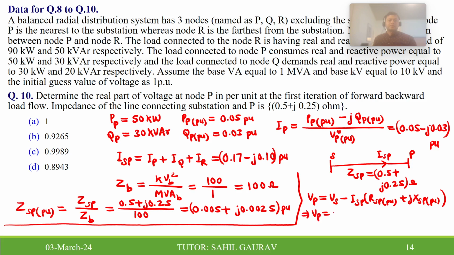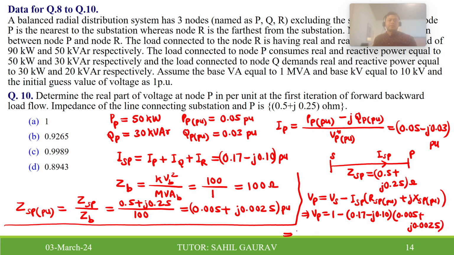So VP equal to 1 minus ISP, 0.17 minus J 0.10, times RSP, 0.005 plus J 0.0025.